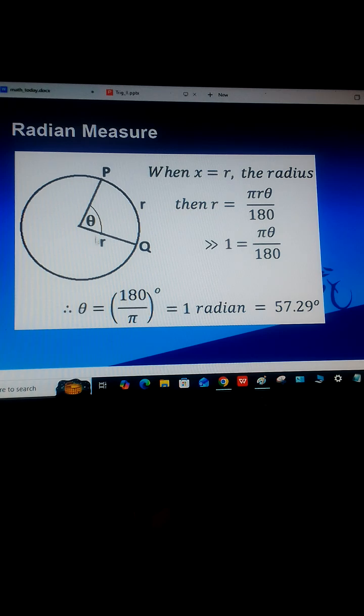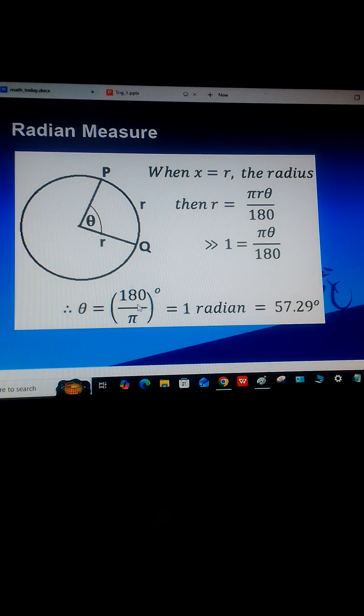And we know the value of pi, usually 22 over 7 or 3.142 approximately. So this angle theta is equal to 180 divided by pi, which is equal to 1 radian.